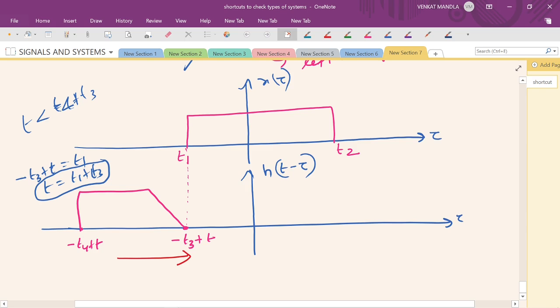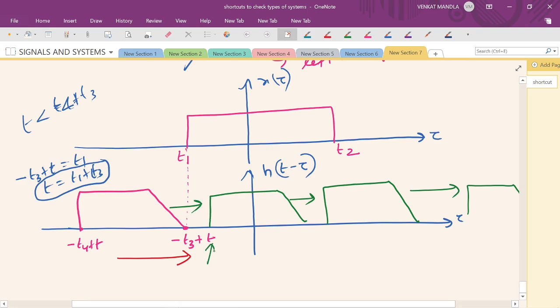So I want to find out the rightmost point. In between, you will get some non-zero values because you will get some overlap area. Suppose I'm shifting this like this, towards the right side.